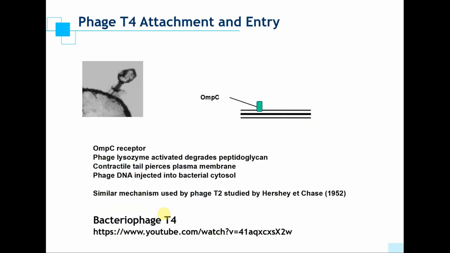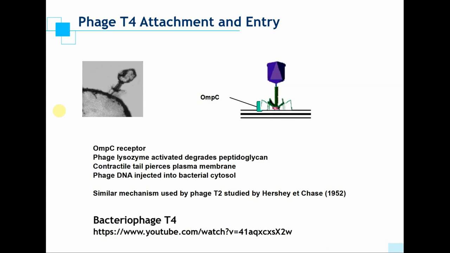So that's attachment. Then how do bacteriophage get into cells, or at least transport their genome into the infected cell? This is very well understood for several phages, particularly the T-even phages like bacteriophage T4. The first step is binding to the receptor, and this will induce a conformational change.